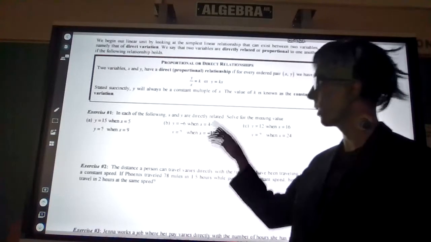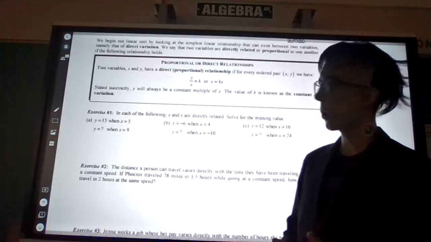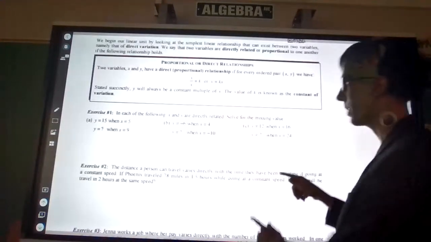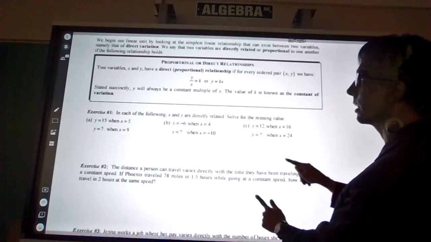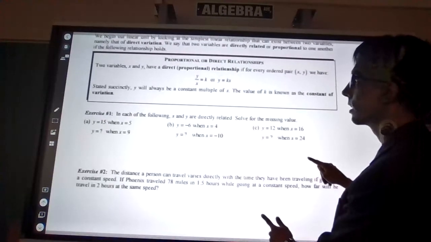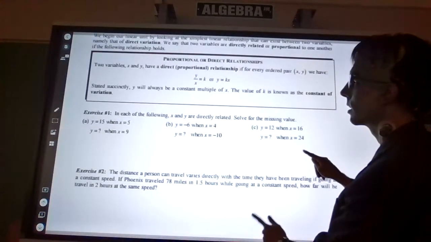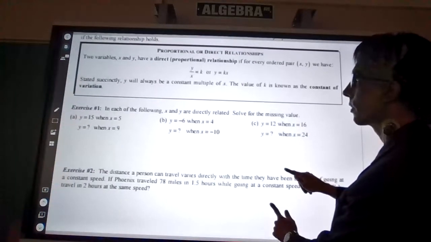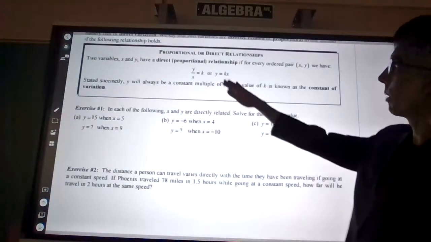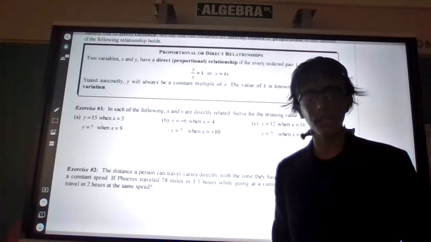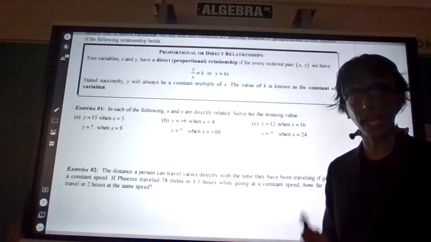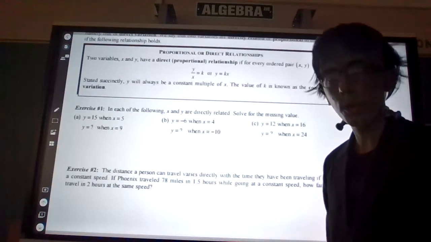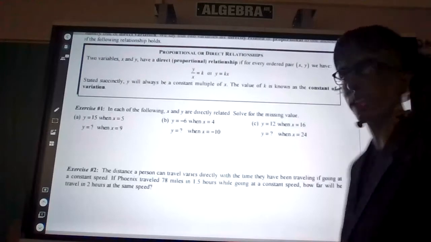Or we can do a little rearranging, multiplying both sides by x to get y equals k times x. What that means when we write it as y equals kx is that y will always be a constant multiple of x. The value of k is known as the constant of variation.